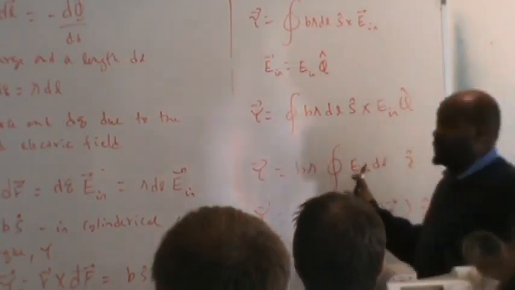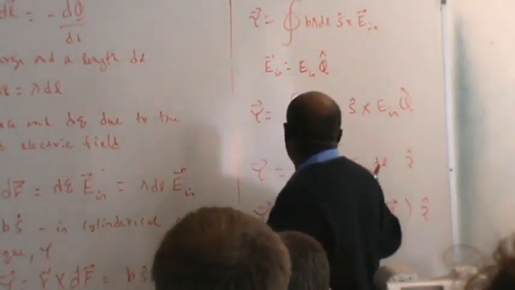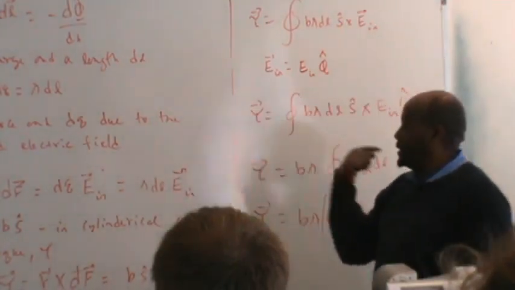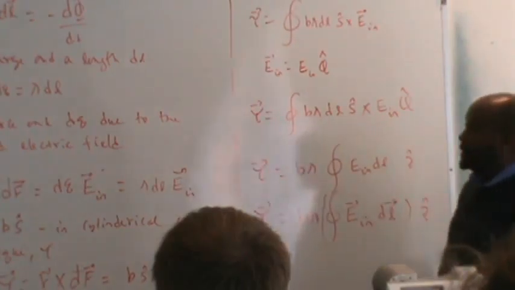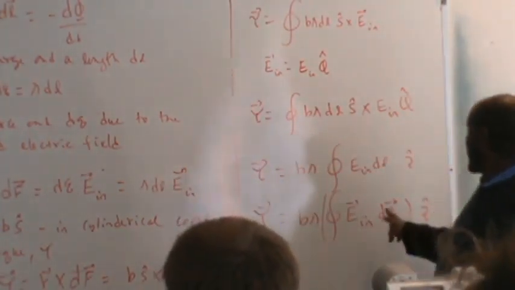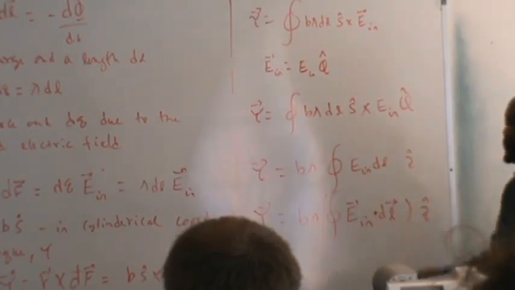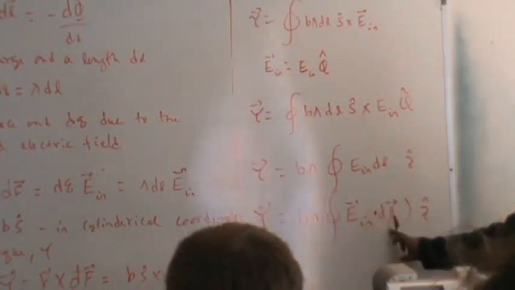Because E induced, we say, is in the phi direction, and the vector dl is also in the phi direction. So I just use a dot product, not multiplication. When you take the dot product of this, you get that.